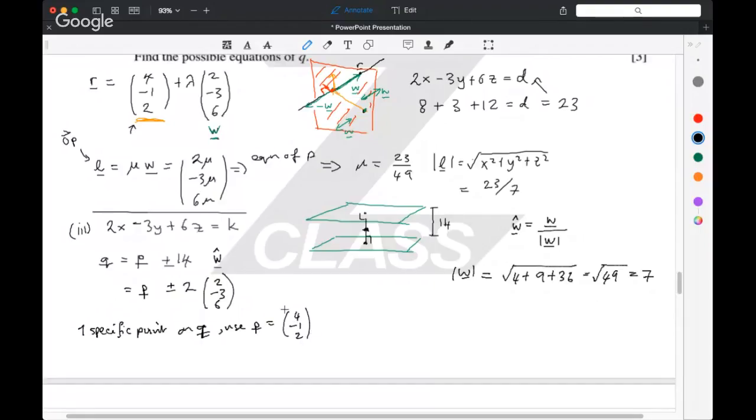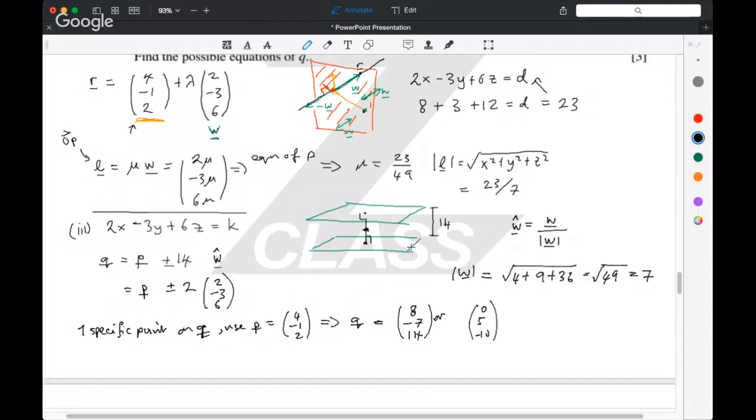So I know that if I plug this point P into this equation, I will get a point on Q. So this gives me that Q is equal to either (8, -7, 14), or, because this is plus or minus, or (0, 5, -10).